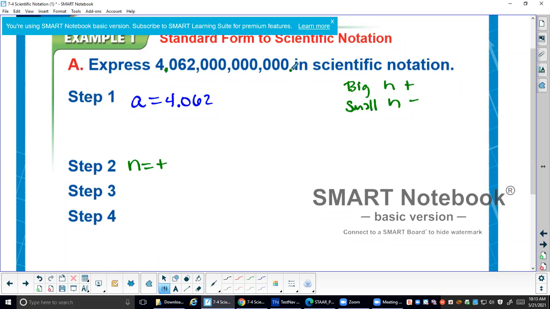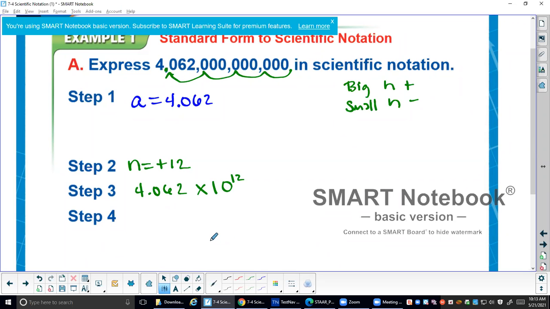Let's see, we got 1, 2, 3, 4, 5, 6, 7, 8, 9, 10, 11, 12. Yes, I would agree with 12. Good job. Okay. And so when we put it together, we have 4.02 times 10 to the power of 12.